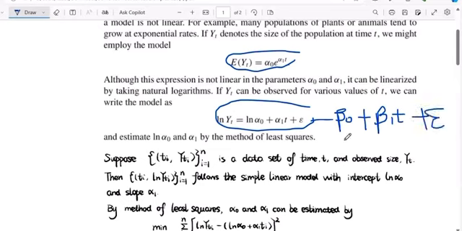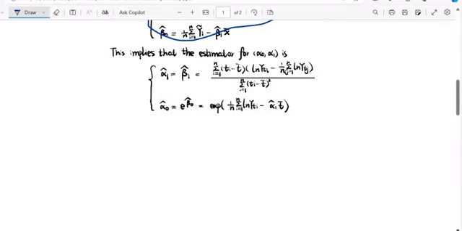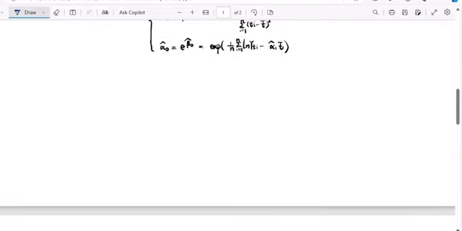So if you want to equate that, your beta naught is ln alpha naught. And don't forget, what am I looking for? Alpha naught. If beta naught equals ln alpha naught, you need to exponentiate it. And beta 1 is automatically alpha 1 based on the model specification. And that was how I got that. Okay, now let's go to the example.